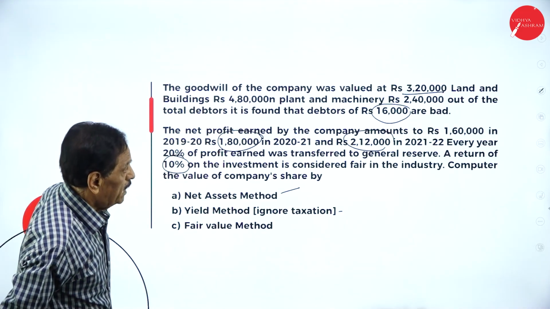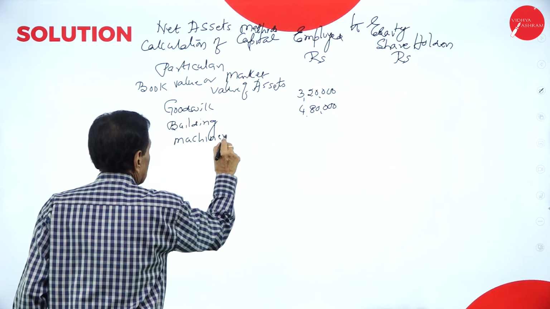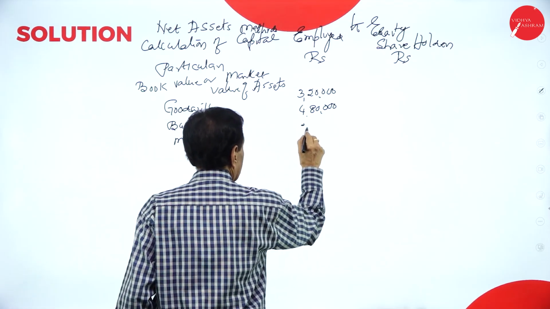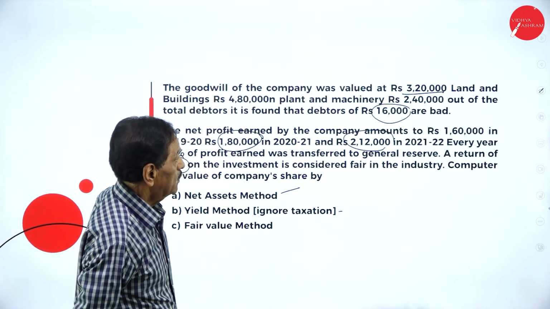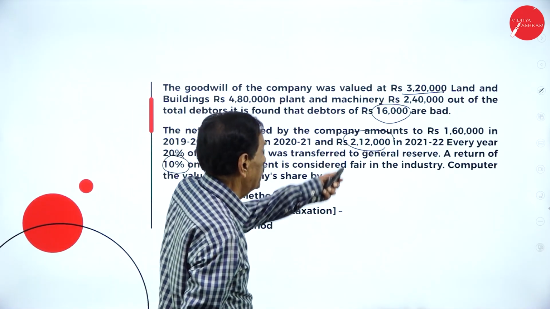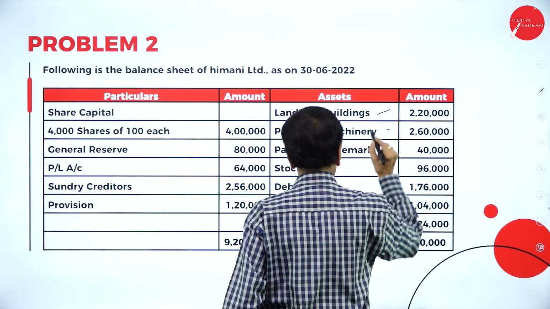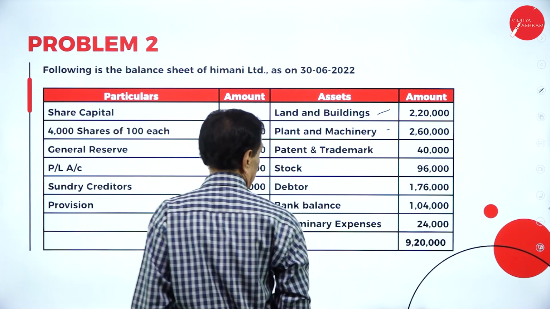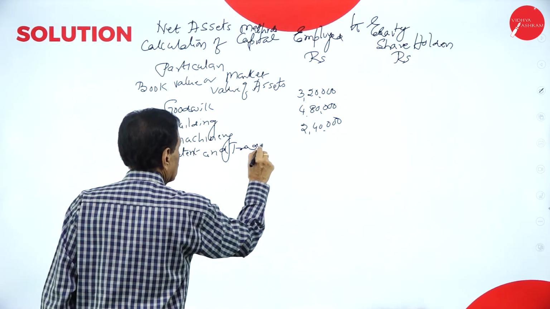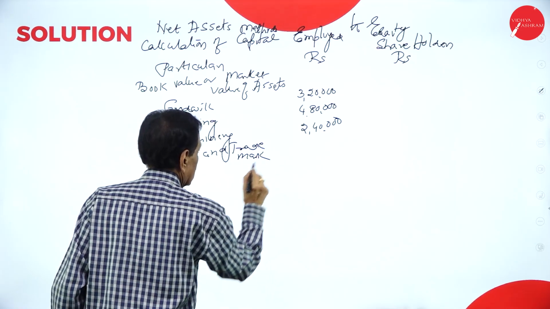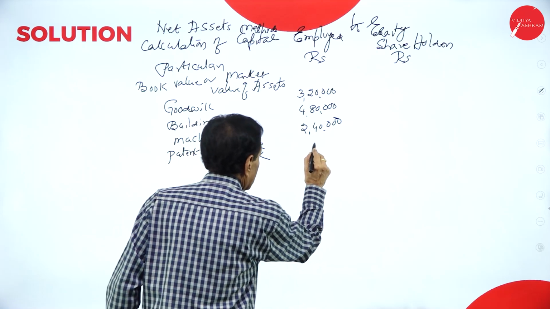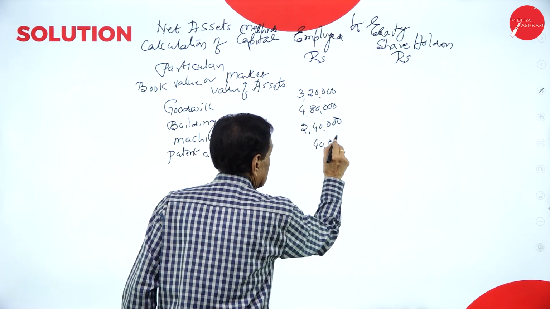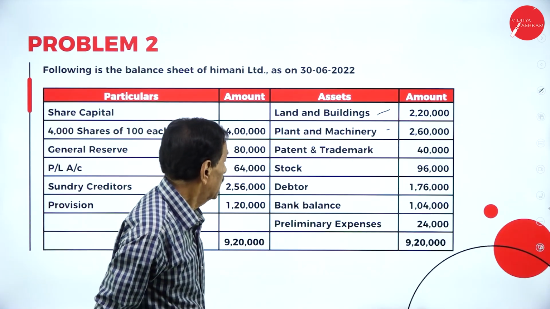Then machinery valued at 2,40,000. Out of the total debtors, 16,000 are bad debts. Now patent and trademark, what is patent and trademark? 40,000. What is the next one?